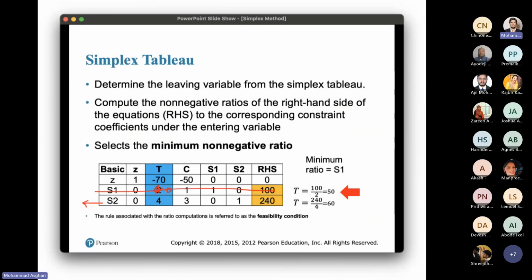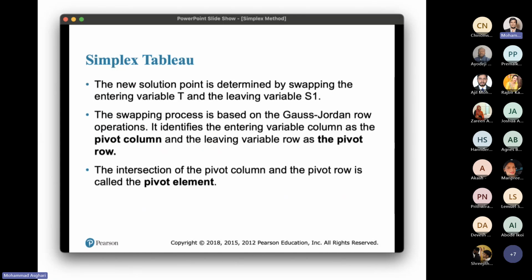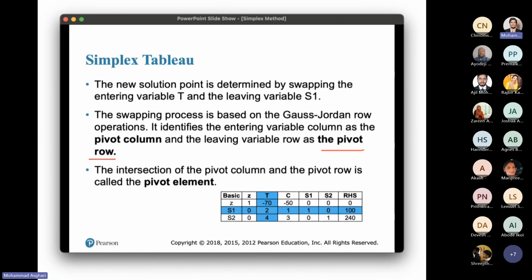And the row related to it, S1, that we are going to set out of the basis, is called the pivot row. And the intersection of this column and row is called the pivot element, as you can see here.